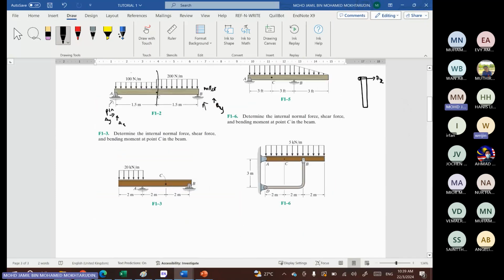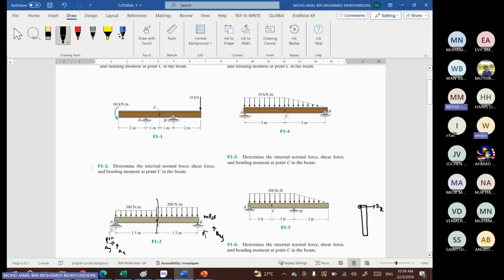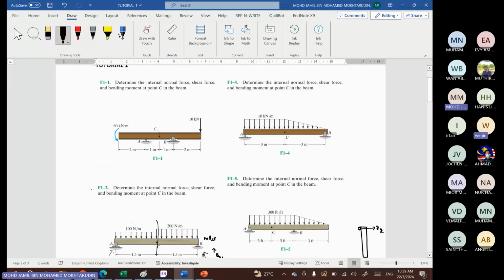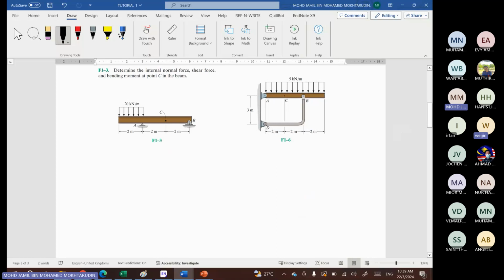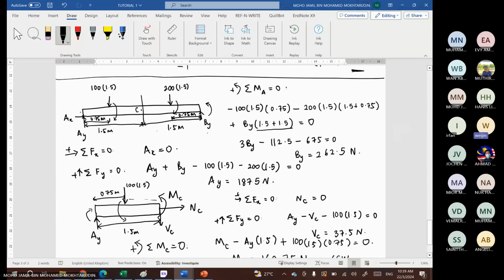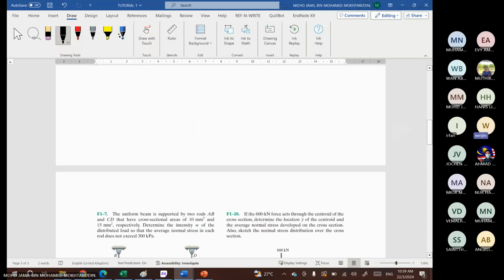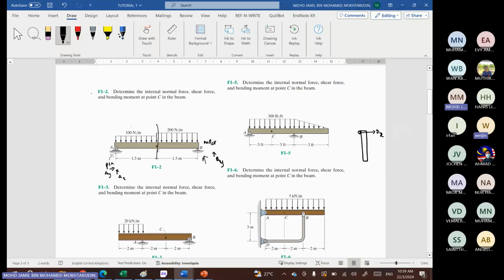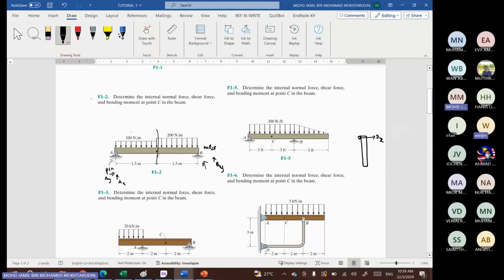Okay, so let's look at... maybe Sir, question. Encik Jamil, yes, yes saya. Boleh tak kita buat soalan nombor 5? Sebab soalan nombor 5 tu dia guna pound dan feet. Dia tak macam soalan biasa guna meter dan newton.